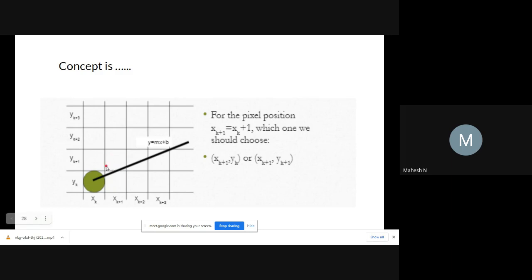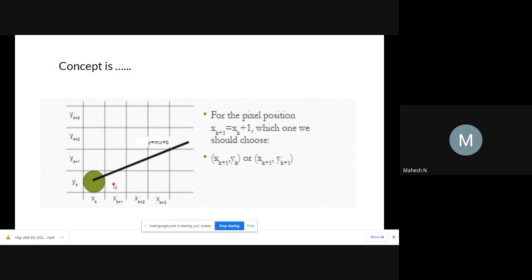But the problem is that a part of the line is passing through this pixel and a part of the line is passing through this pixel. So now the problem came: which pixel do I need to ignite, the above pixel or the below pixel?